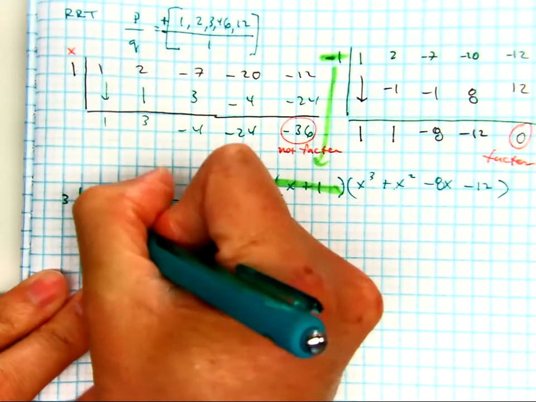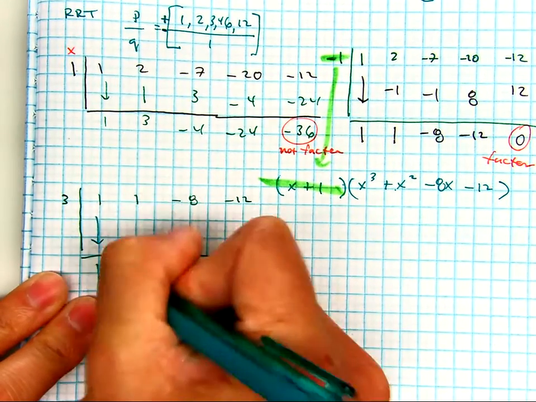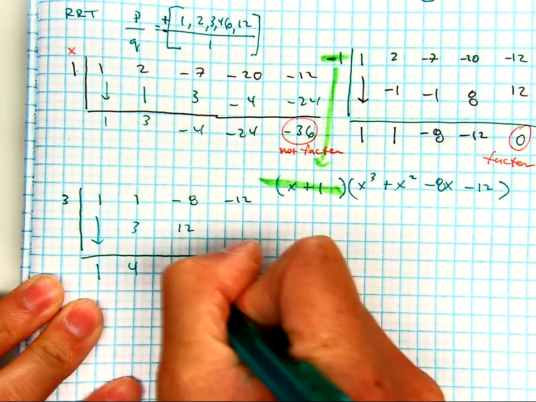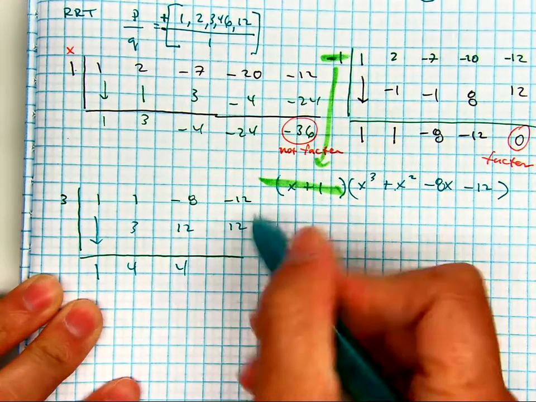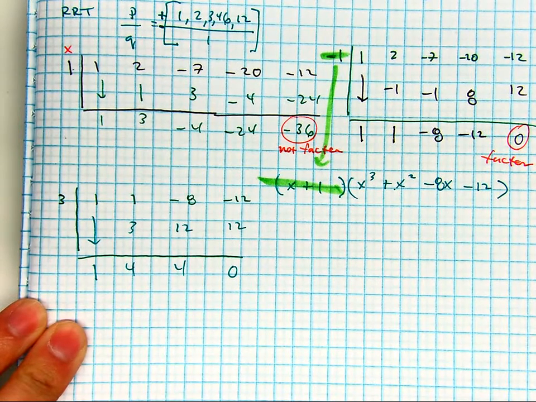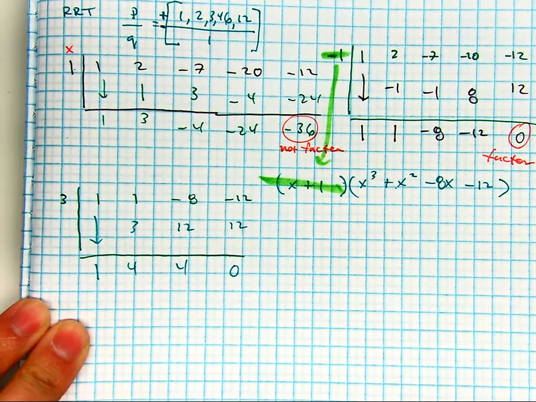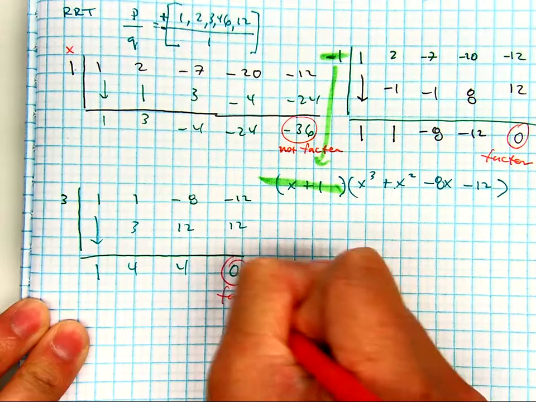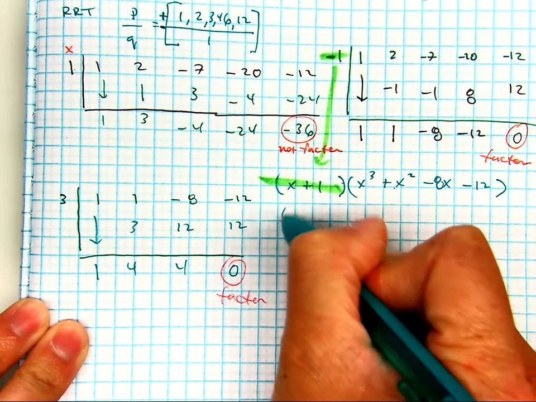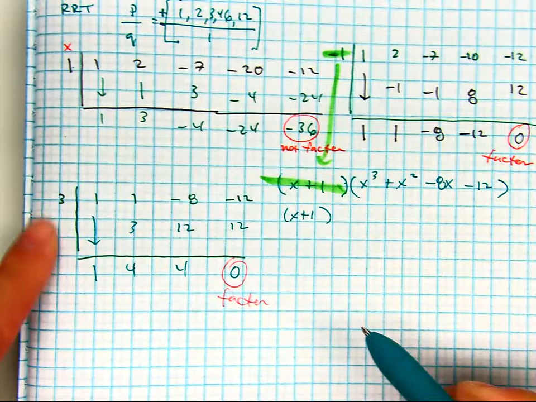Bring it down. Multiply. Add. Multiply. Add. Multiply. And you get 0. That means that this is a factor. So let's add that to our list. So I already have x plus 1. Class, what binomial does this one become?